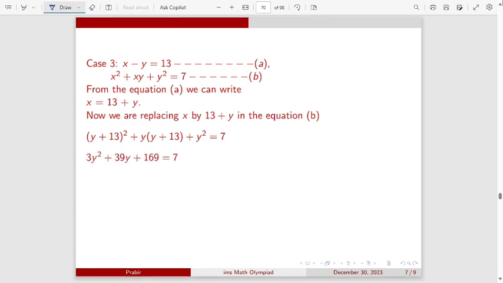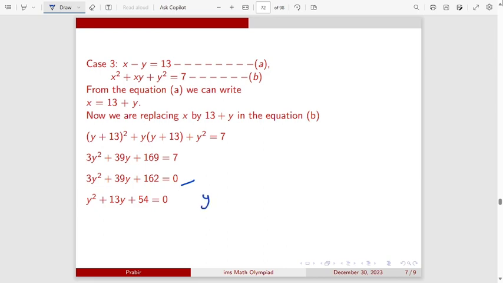If you simplify this one like in the previous step, you can do it by yourself also. This will become 3y square plus 39y plus 169 equal to 7. Now this will become 3y square plus 39y plus 162 equal to 0. And then we are dividing the whole equation by 3 and we are getting y square plus 13y plus 54. Now let's use the quadratic formula.